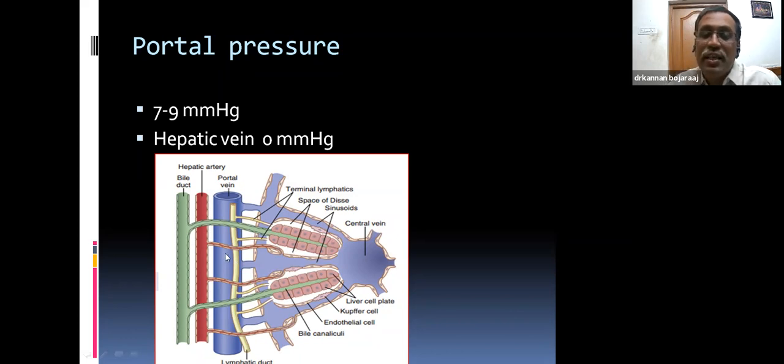This hypertension is reflected back to where the portal vein communicates or anastomoses with the systemic side. These areas are dilated, and that is called exaggerated portosystemic anastomosis.